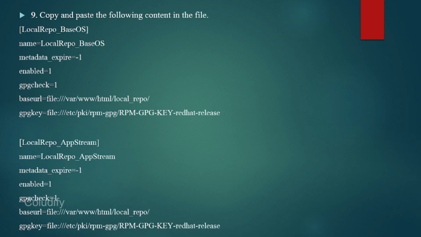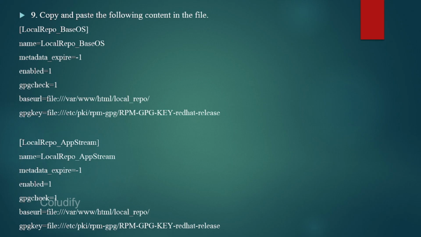Then name, we give the name local_repo_BaseOS. Then metadata_expire=-1, enabled=1, gpgcheck=1, baseurl=file:///var/www/html/local_repo, then gpgkey file. These are our local_repo_BaseOS repository entries.